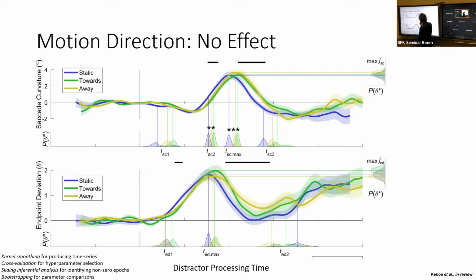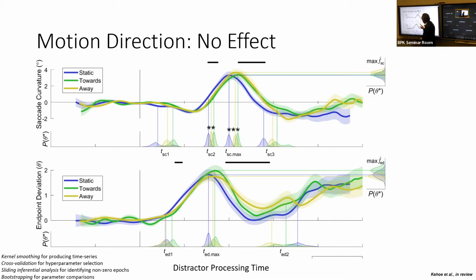So when we take a look at motion direction, towards is green, away is yellow. We're taking a look at this curvature period here, and there is no difference between towards and away in terms of the peak amount of curvature, or the peak points in time.